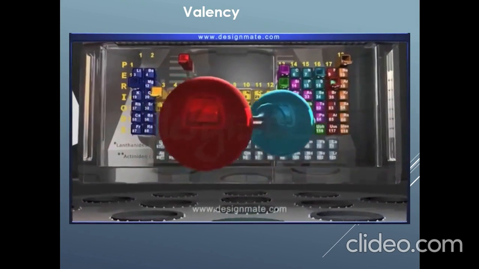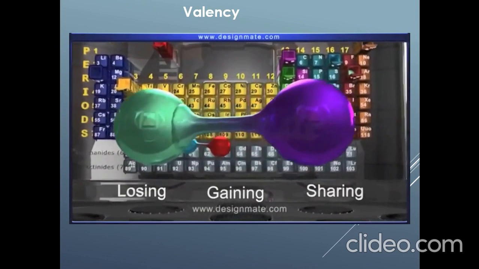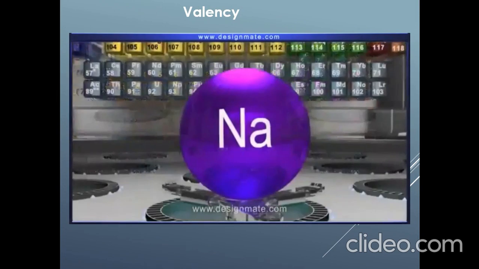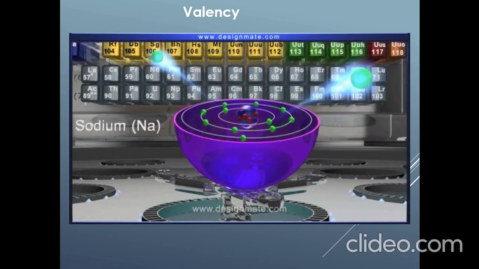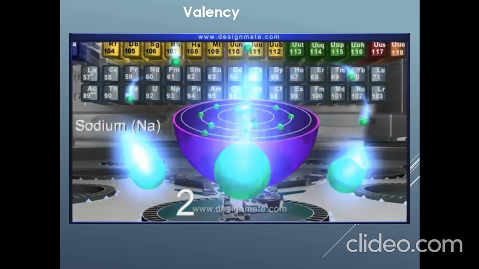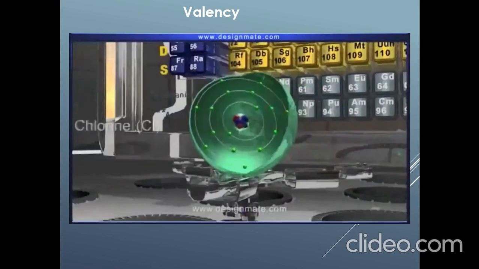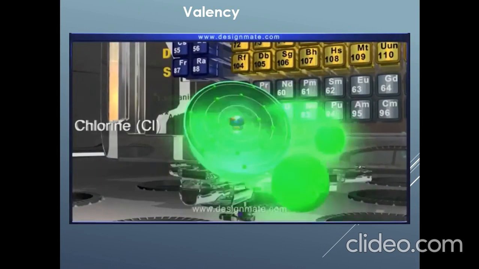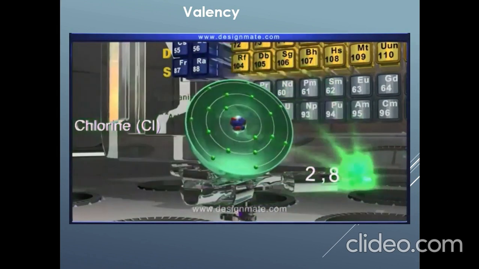Elements combine with other elements by losing, gaining, or sharing their electrons. For example, the electronic configuration of sodium is 2, 8, 1, and that of chlorine is 2, 8, 7.